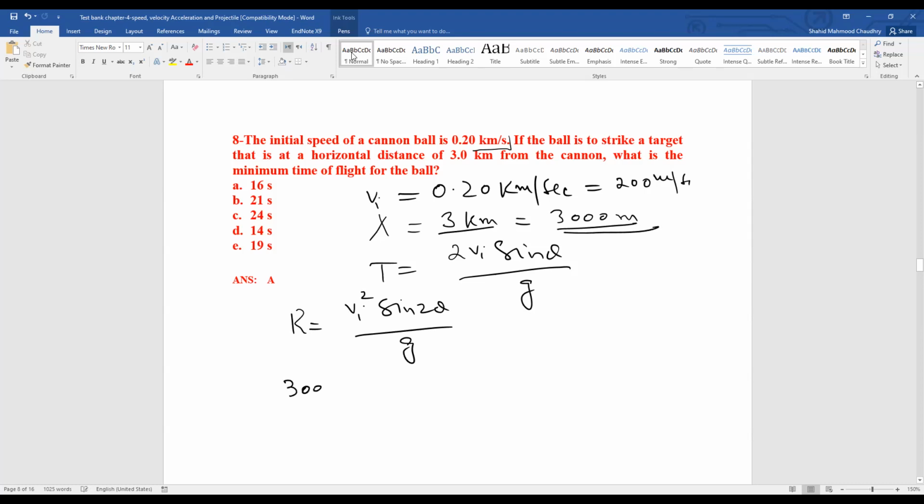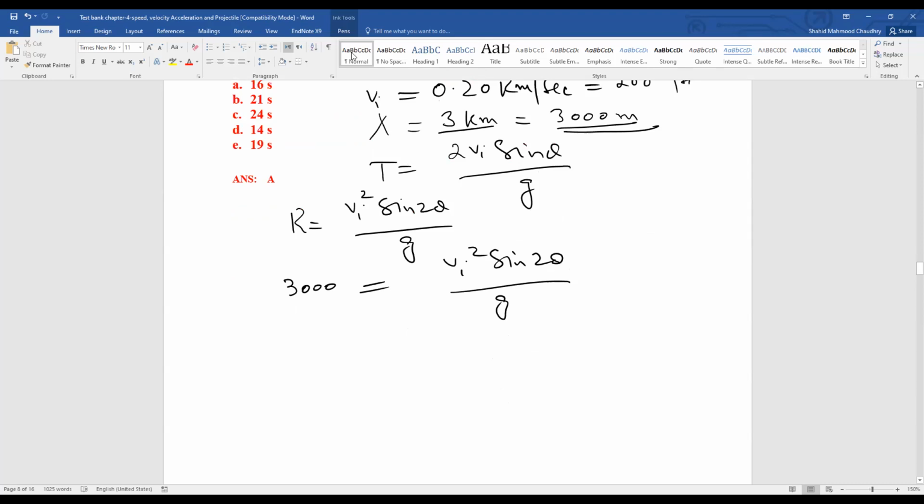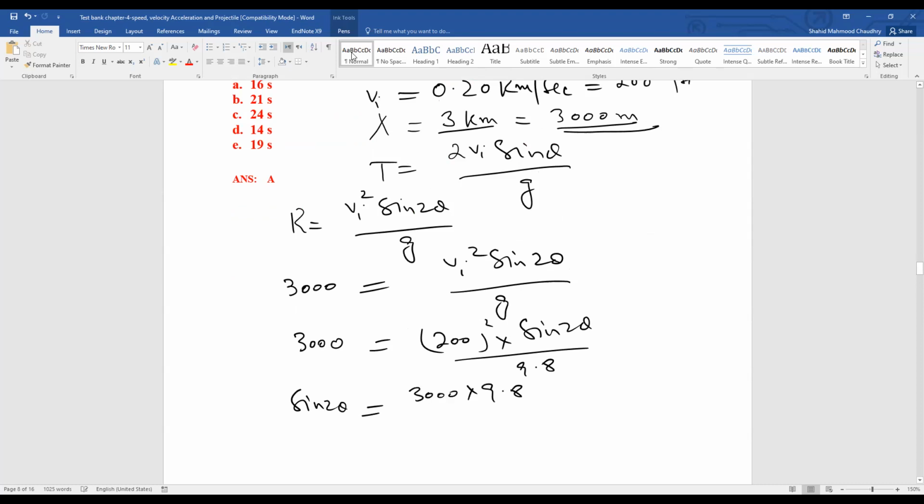So 3000 is equal to Vi square sine of 2 theta over g. Vi is 200, so this is 200 square into sine of 2 theta over 9.8. Now simplify: sine of 2 theta is equal to 3000 multiplied by 9.8 divided by 200 square.